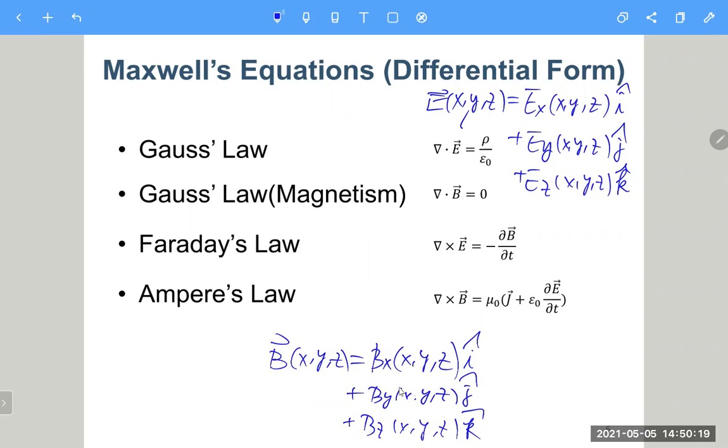So the unknown functions are quite complicated. This is an unknown vector in 3 dimensions. But actually, the differential form of the Maxwell equations will be more useful when we try to use numerical methods to solve for the E field and B field for the given charge density and current density.